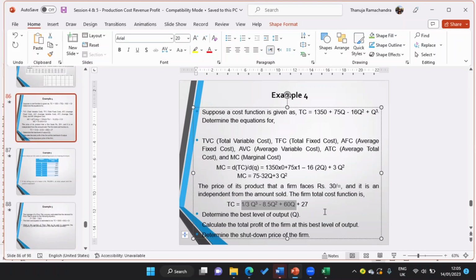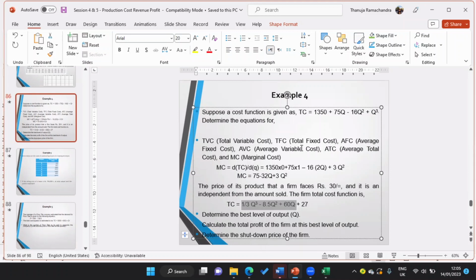So the minimum average variable cost, right? That is actually what they are asking, the price, average variable cost. So that is equal to price. So we can get the Q. And when we get the Q, what do we get for the price?